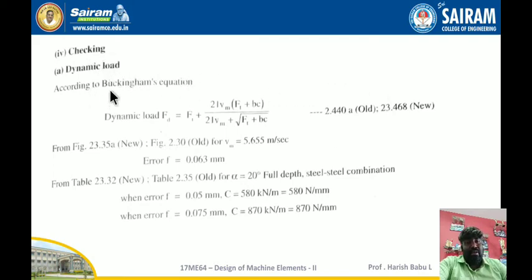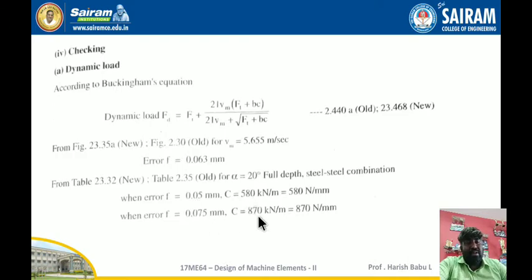So the dynamic load according to Buckingham's equation, I'm going to substitute the formula. Here the C value, the correction factor, has to be identified. Since Vm is given, from the diagram 23.35a, I can identify the error e is equal to 0.063 mm. If I go to the table 23.32, for a 20 degree full depth and steel combination, the value is not a standard one, so I have to take the standard C values of 0.05 and 0.075.